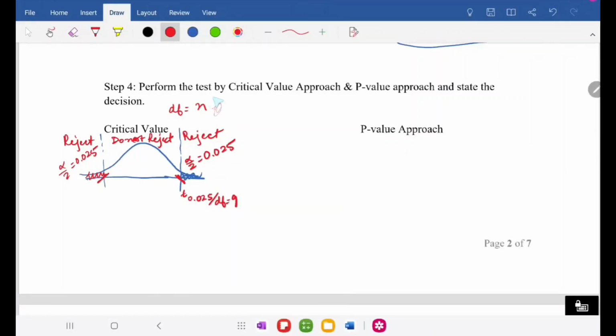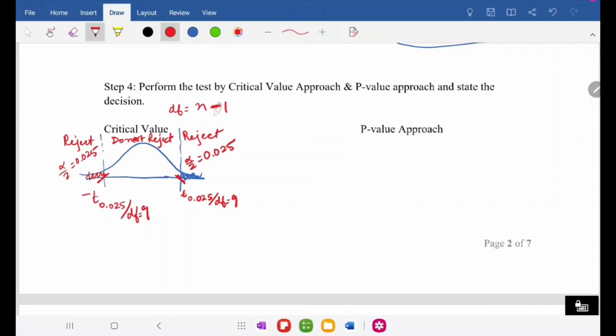All right, df is n minus 1. So on the left-hand side, it will be negative 0.025 with df equals 9. And we come up with a critical value of 2.262.